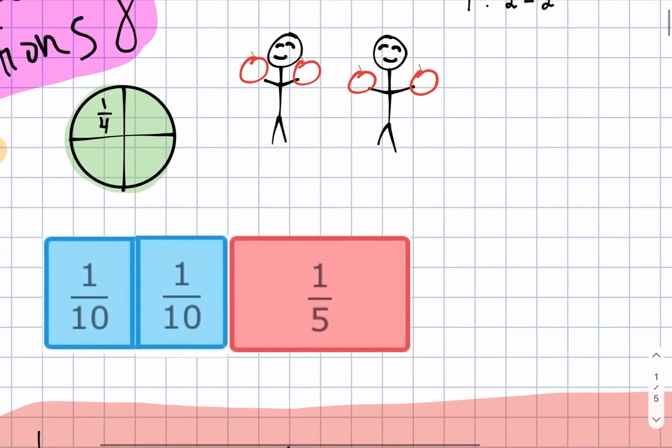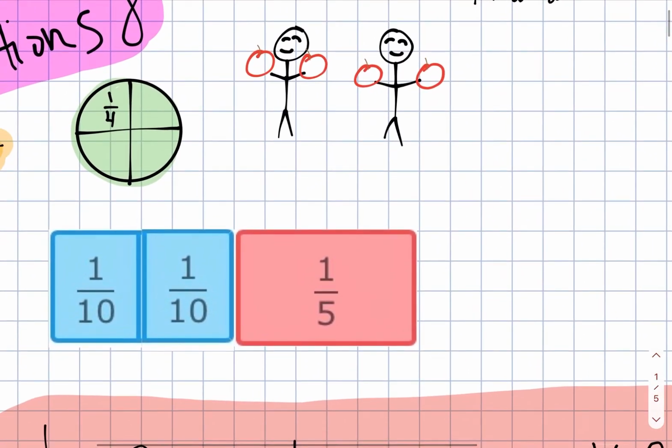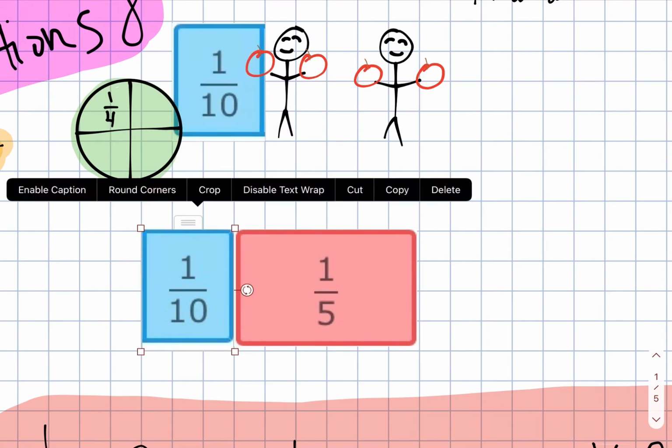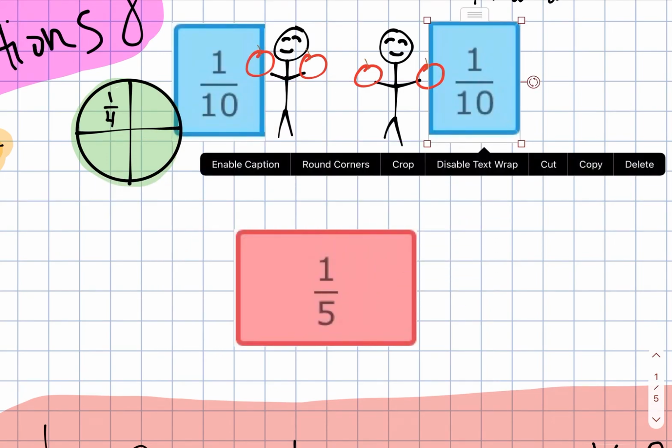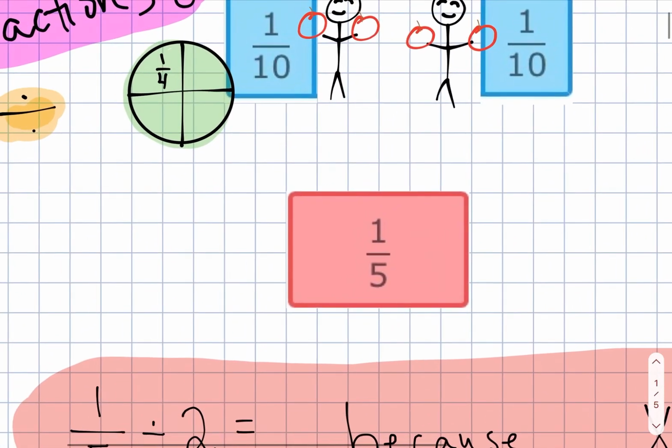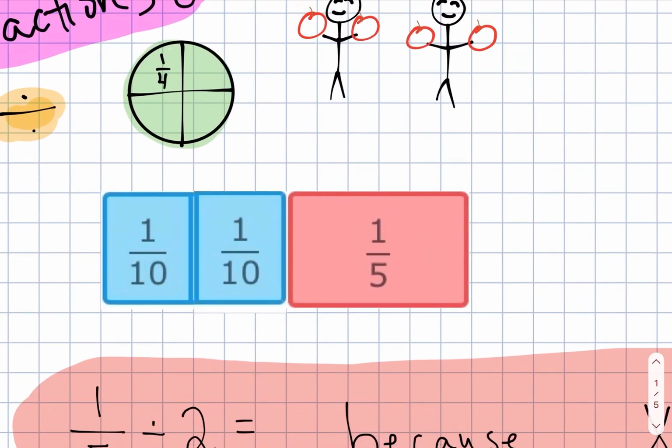In fact, if I were to divide 1/5 by 2 between my 2 friends up here, I could give 1 to this fellow and 1 to this fellow. And I see that there are 2/10 here, but the answer is actually 1/10 because the answer is how much one person gets, right?